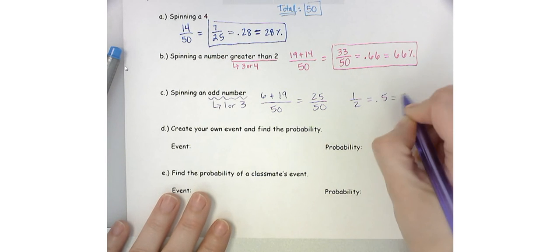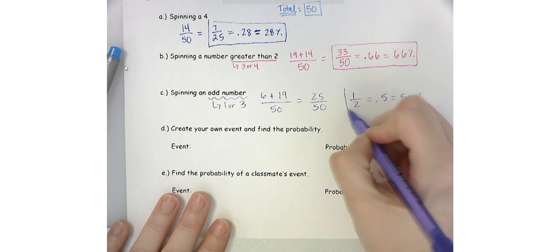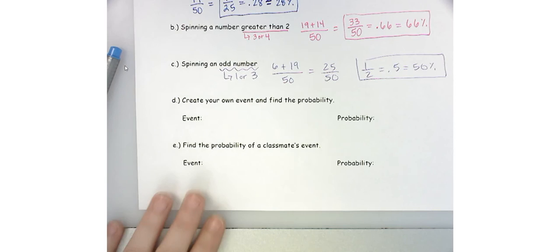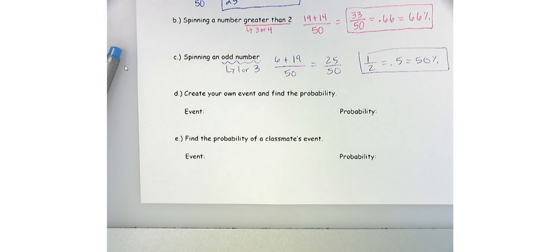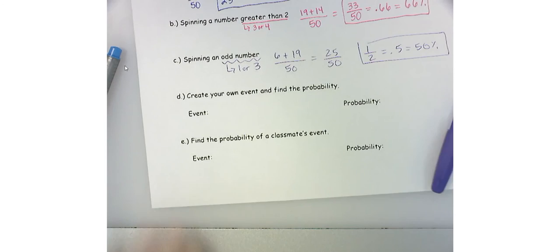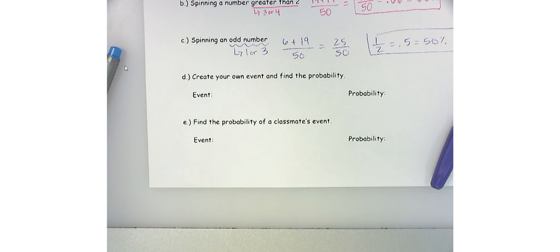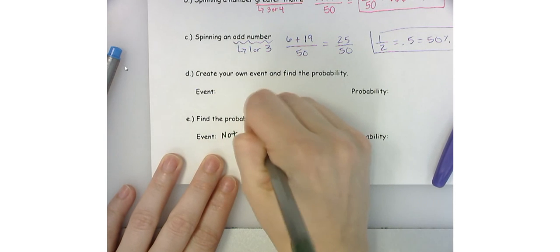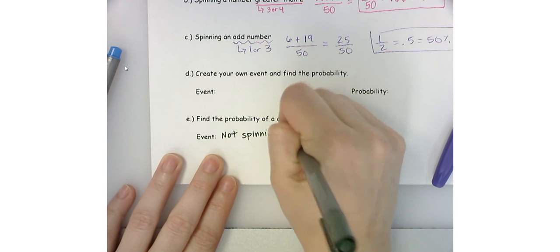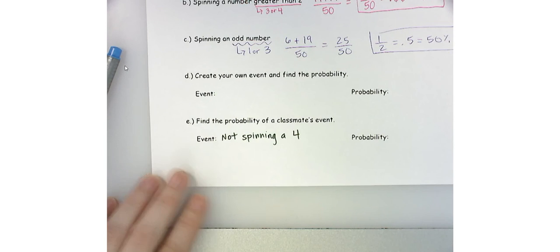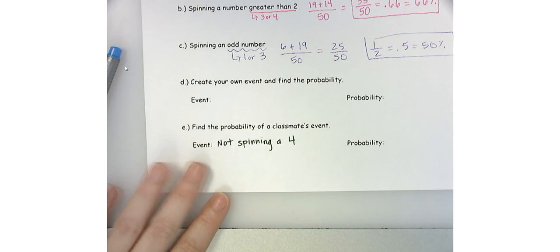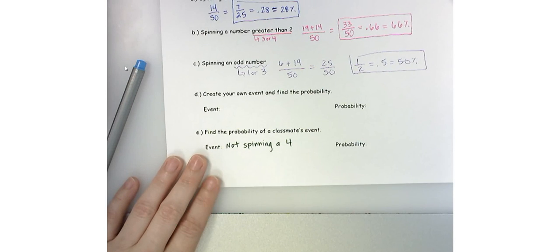So 1 minus 7/25. When you're doing the subtraction, remember that the whole is just the denominator. Some of you probably think of it as adding, like, what could I add to 7 to get to 25? That would be a good way to think about it too. So 25 minus 7 is? 18.